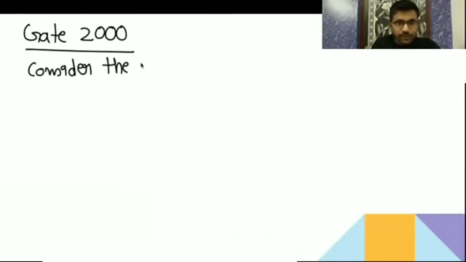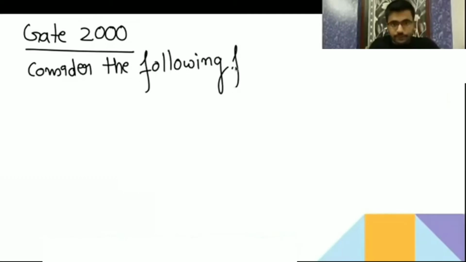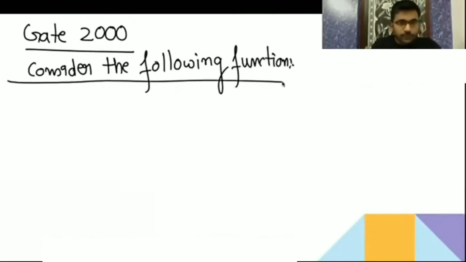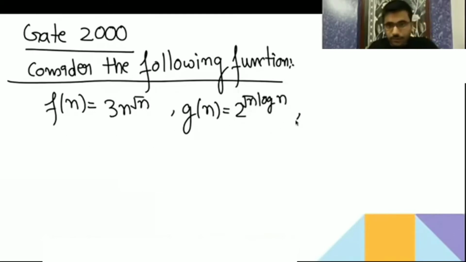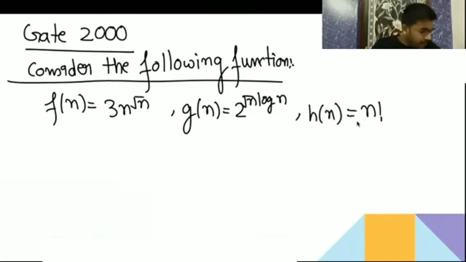F of n is equal to 3 n to the power n, G of n is equal to 2 to the power root n log n, and H of n is equal to n factorial.